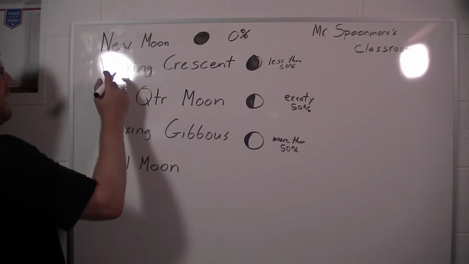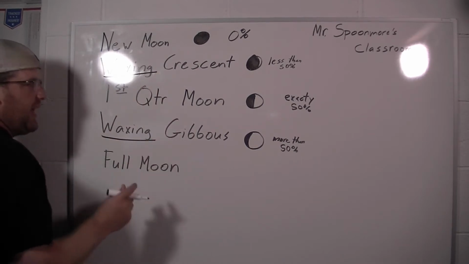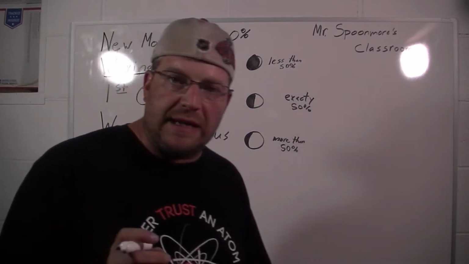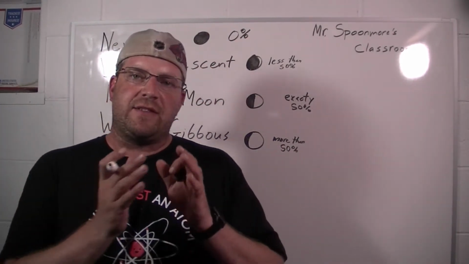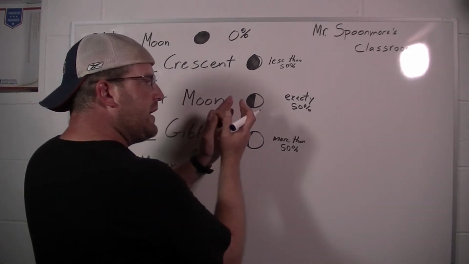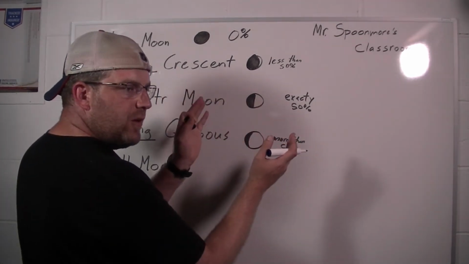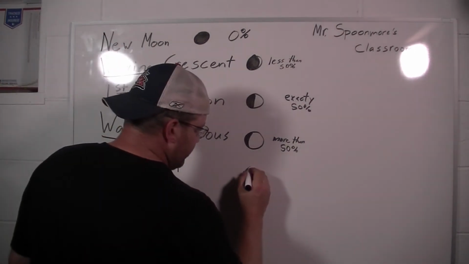So I see the term waxing. Anytime that you see waxing on a quiz or on a website like Moon Giant, waxing means that the amount of light that I can see bouncing off of the moon is going to get bigger over time. The next one is our full moon.